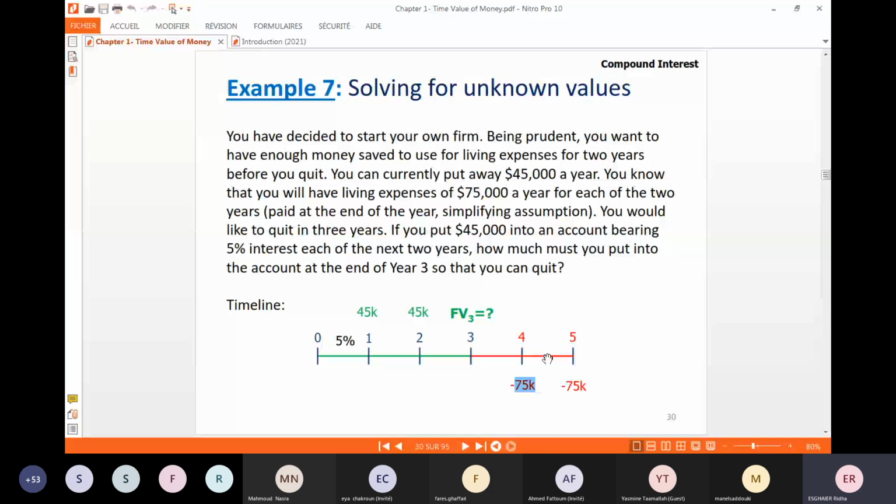We will compound this to the date 5, minus 75,000 without any compounding or discounting, and you compute the future value 3. Yes. Okay. Is it clear for everyone? Yes.